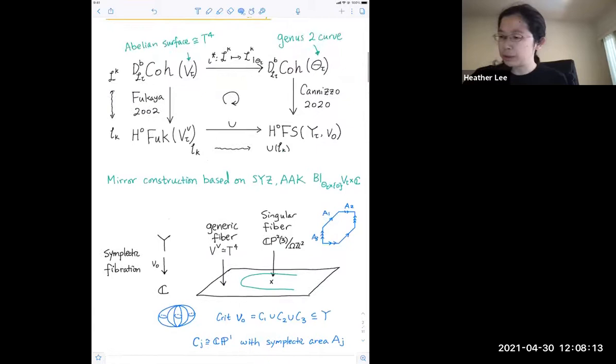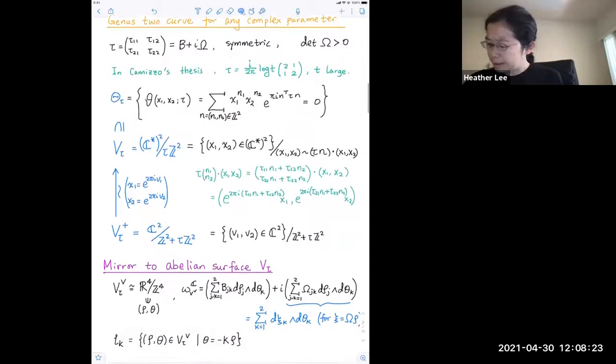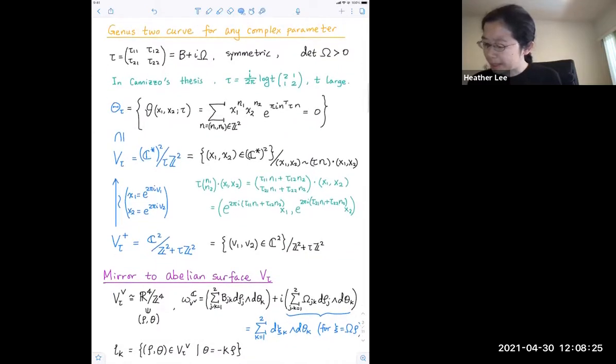Now this mirror symmetry statement says that the mirror of a 4-torus is also a 4-torus, with the complexified Kähler structure matching this complex structure.